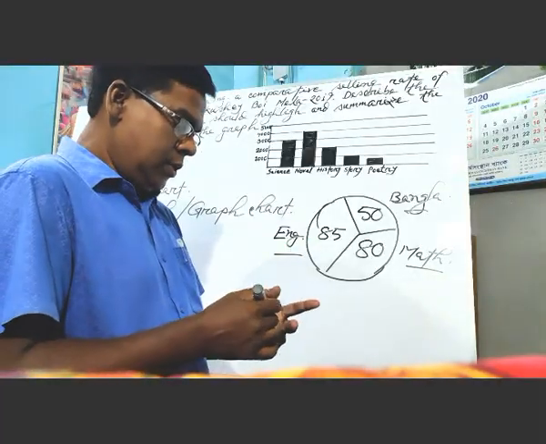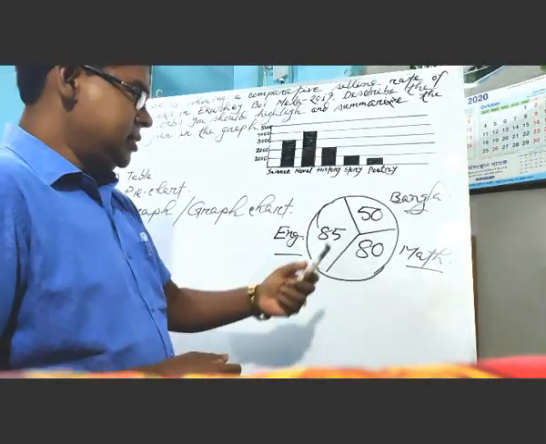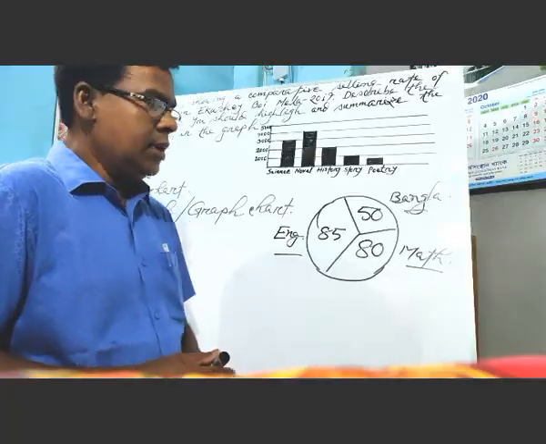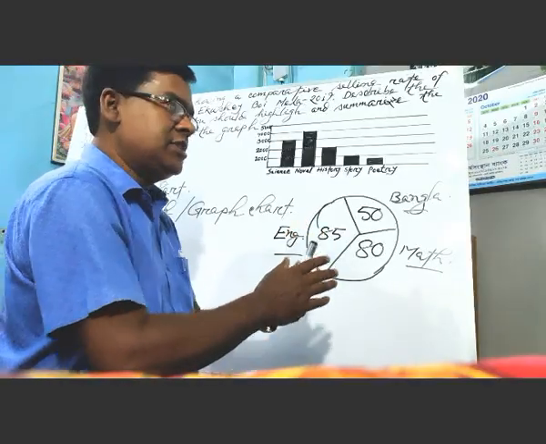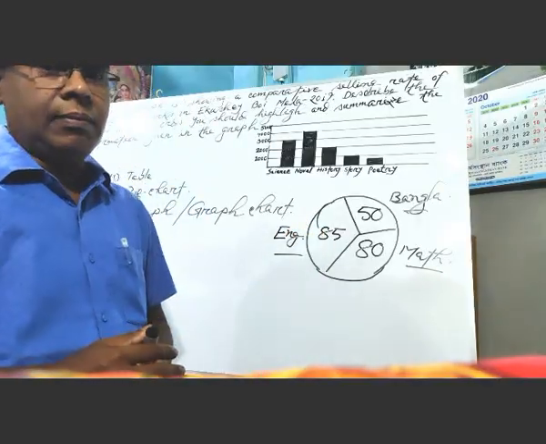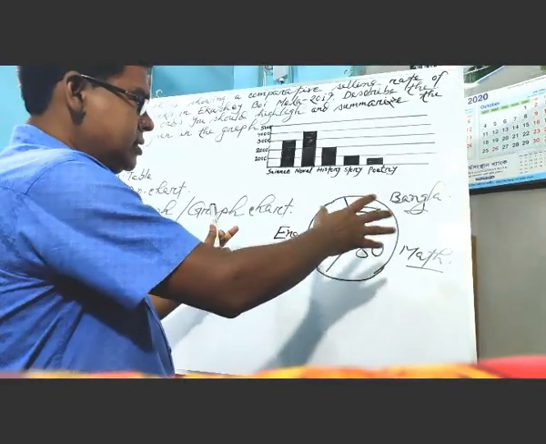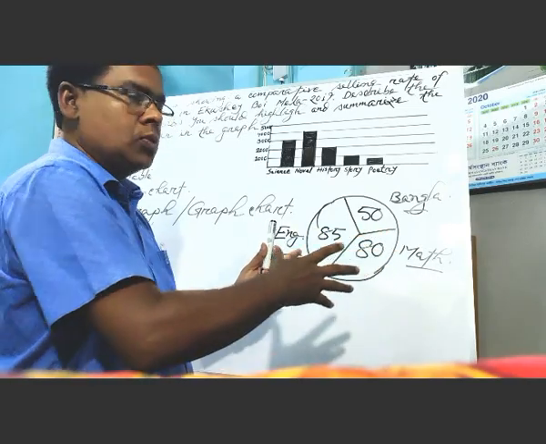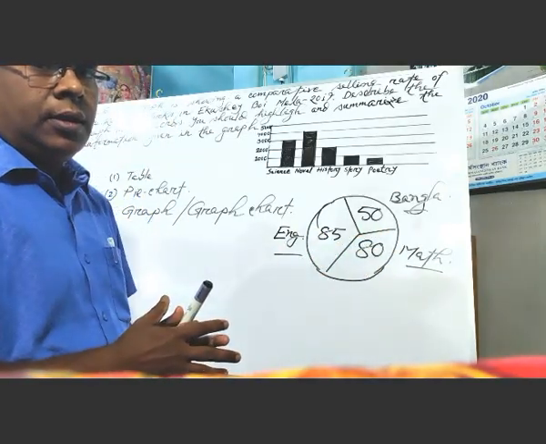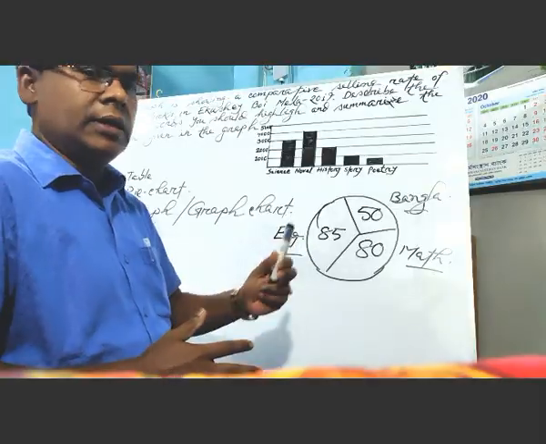In this way, if you are asked, student, look at the pie chart. Here there are some information: 85% English, 80% mathematics, and 50% Bangla. These are the information of the students who have failed in these subjects in a school.